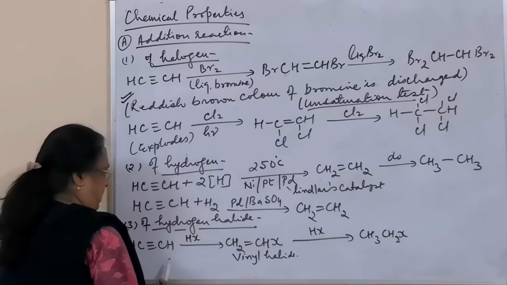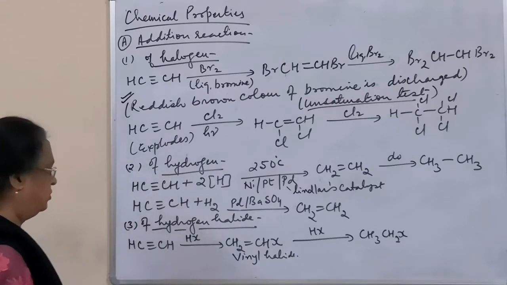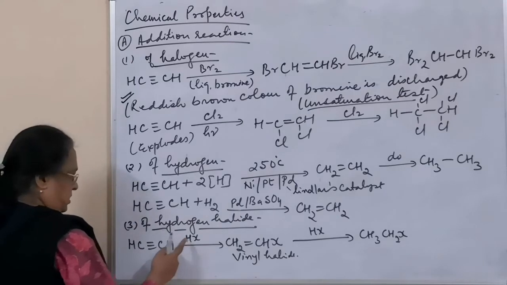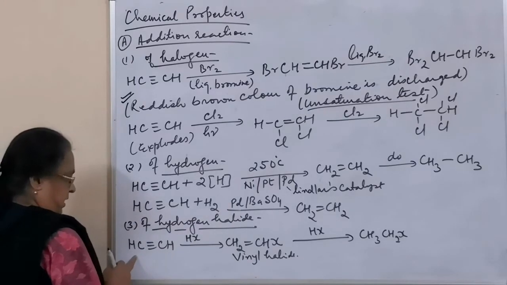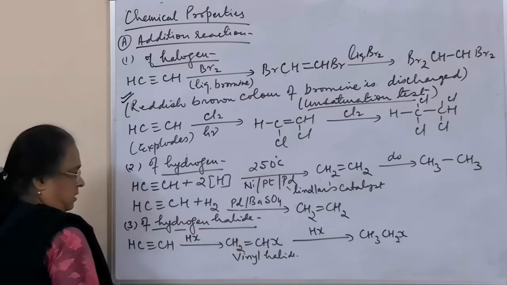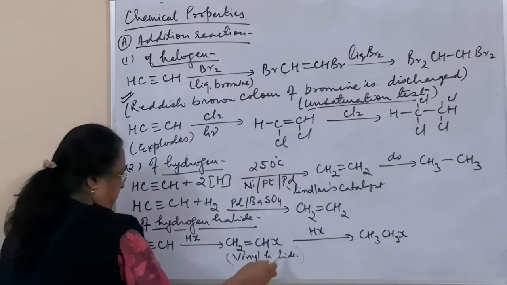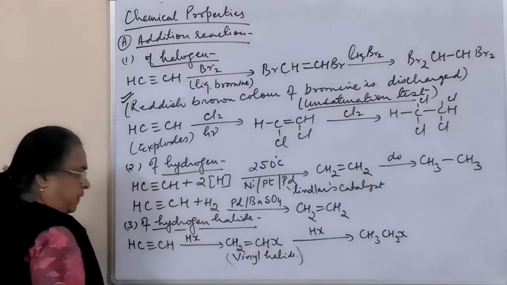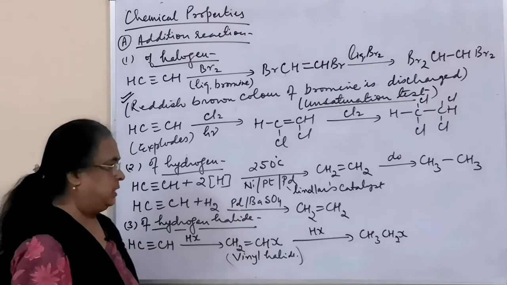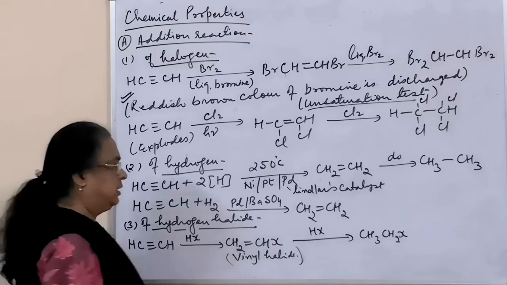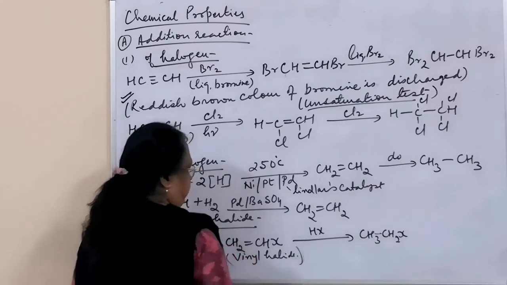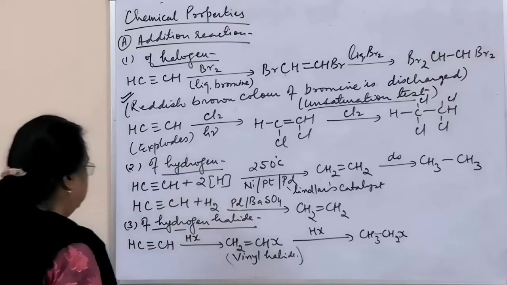Acetylene when brought in contact with this, one H will be added here and the halogen here, and the triple bond will be turned into a double bond. This is not the IUPAC name; the IUPAC name will be haloethene, it is X not chloro. And further it combines, the double bond will be turned into a single bond and we will have haloethane.